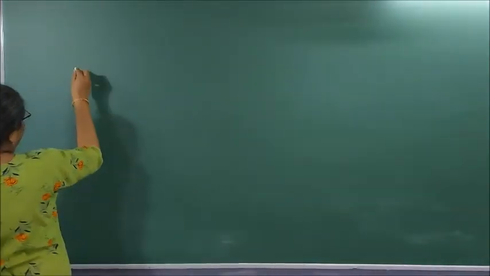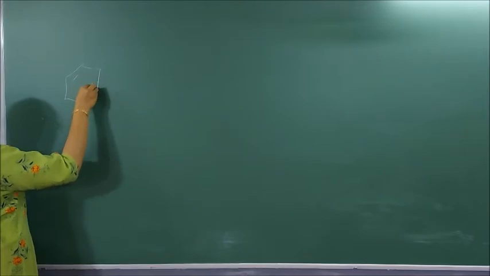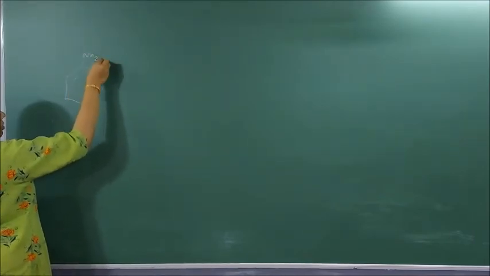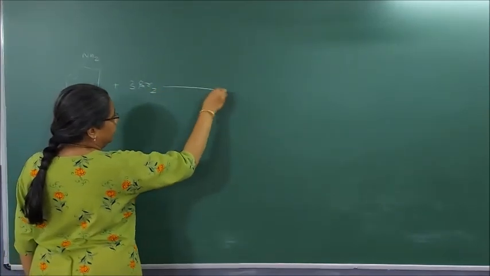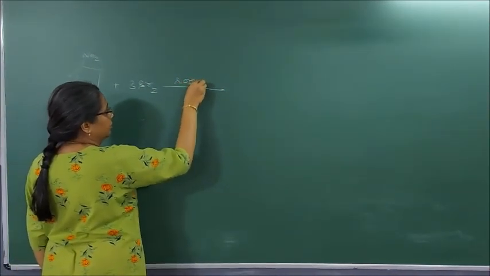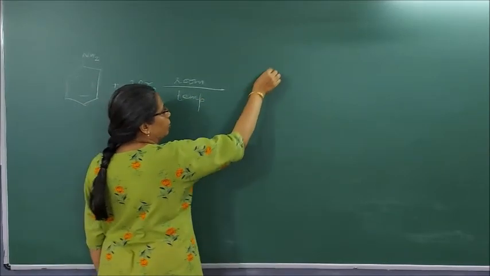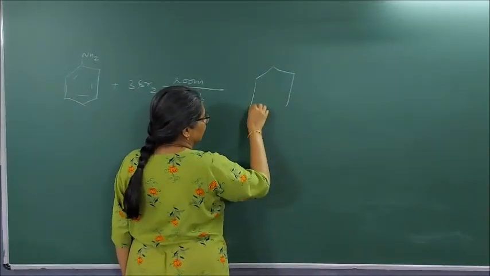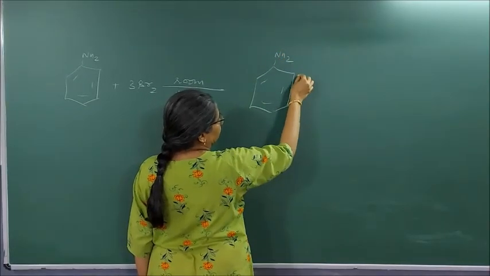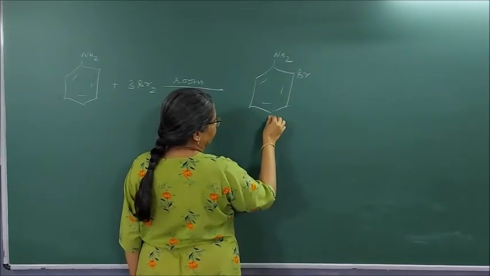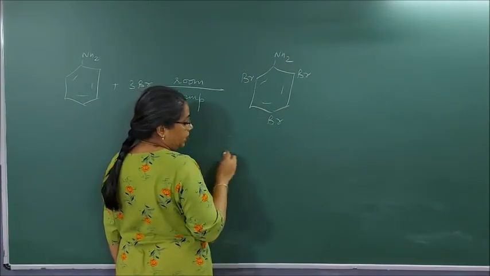So now let us react our aniline. This is aniline, which reacts with bromine water at room temperature, and substitution takes place at all the three places. That is, this is our NH2, this is the second place Br, this is the fourth place Br, and this is the sixth place Br.